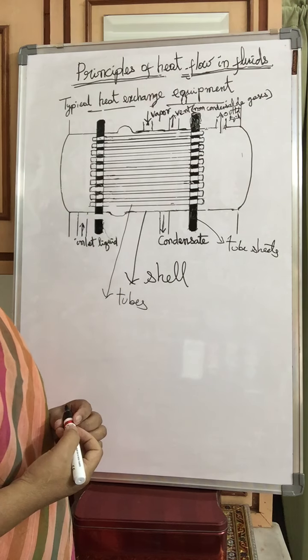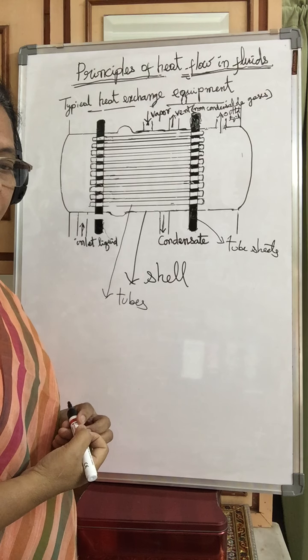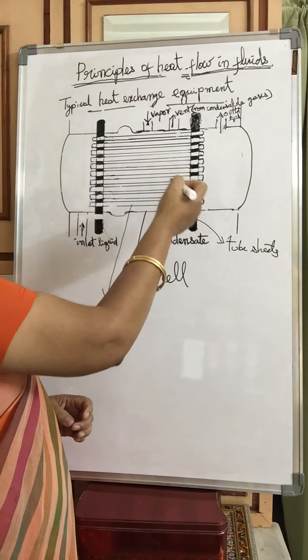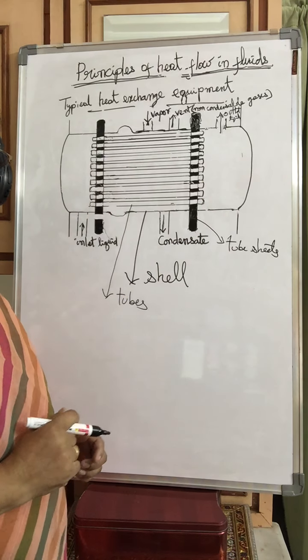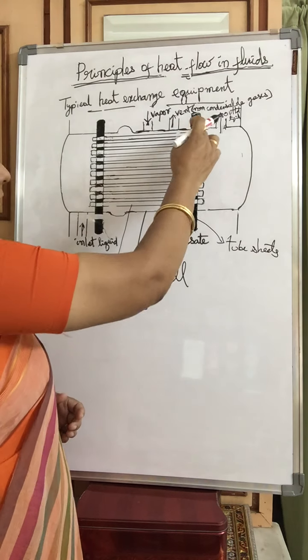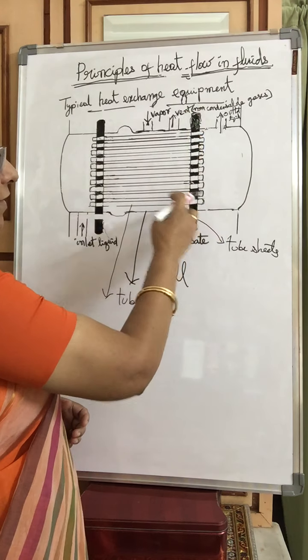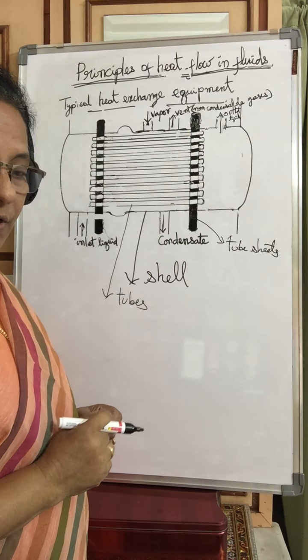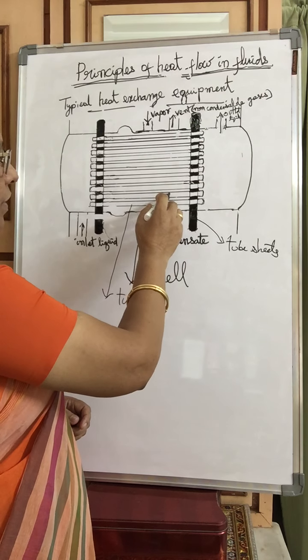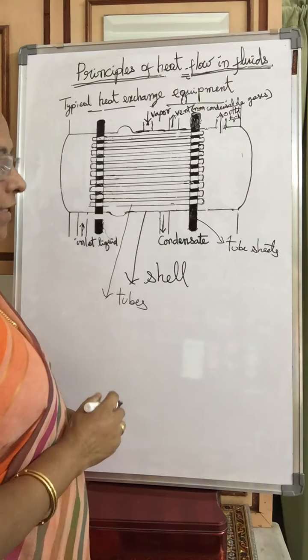Actually, in heat exchangers, pressure is very important. In this condenser also, the inside pressure is important. Usually the pressure will be high only. So, this shell should be able to withstand that much pressure. So, shell thickness is more compared to the tube's thickness.